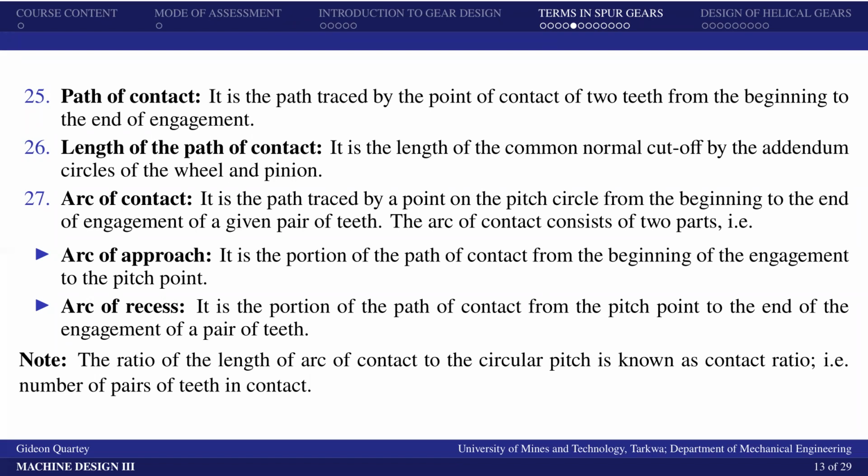One will be moving on the other one. From the beginning of engagement to the end of engagement, we trace that path, and we call that the path of contact. That is the path through which the two teeth are in contact until they separate from each other. And then we also have the length of the path of contact.